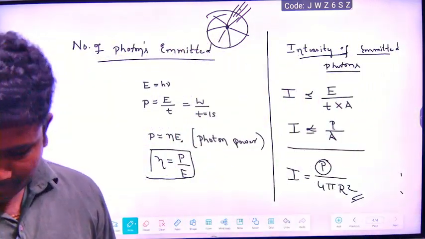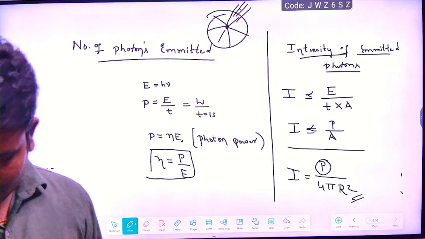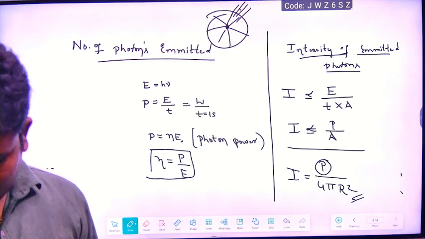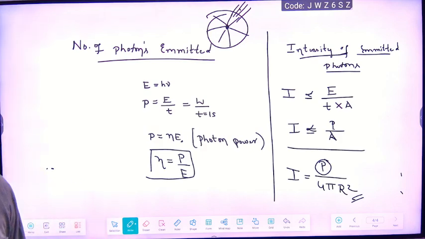First, the momentum of a photon of wavelength 5000 angstrom. Done, right? Yes.